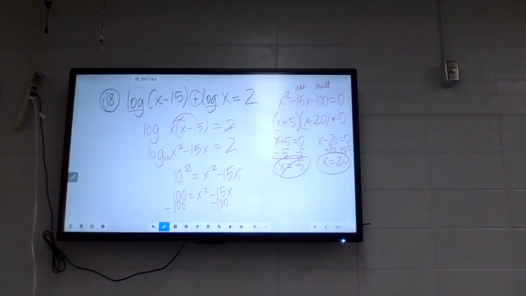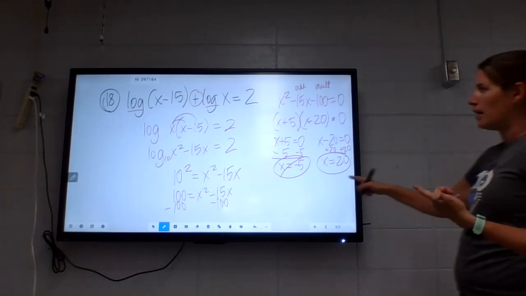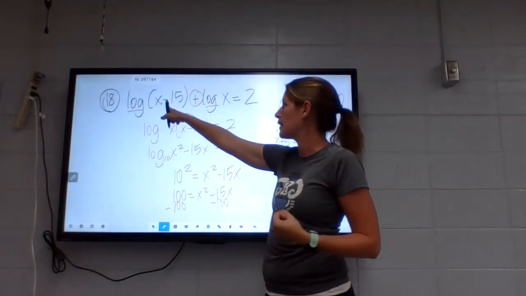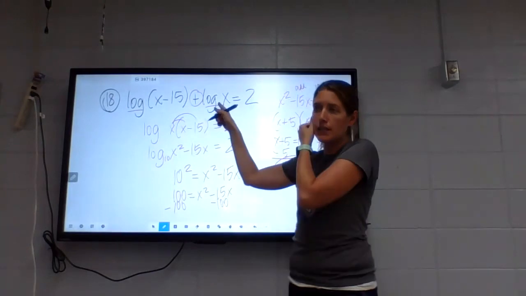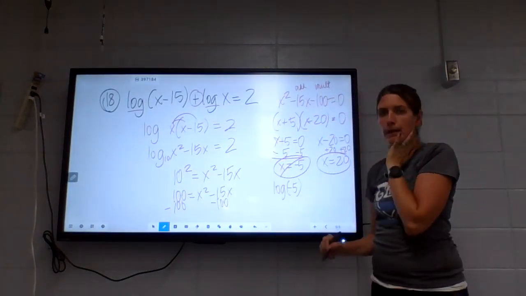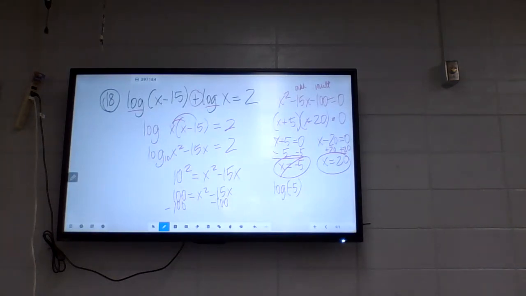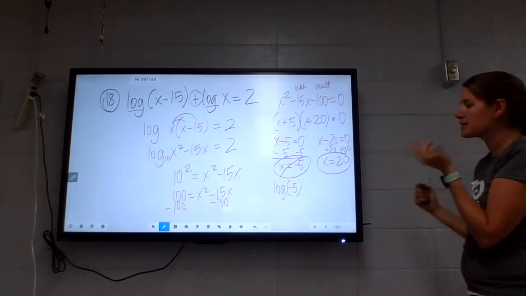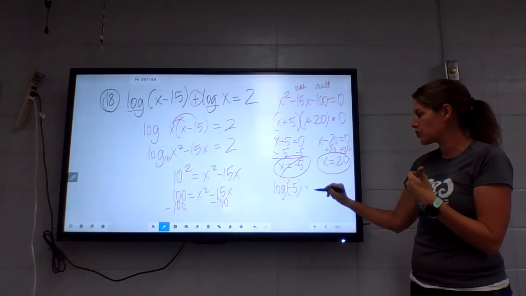So the issue is you can't actually take the log of a negative value. If I put negative 5 back in here, or just even negative 5 in here, if I do log of negative 5, your calculator is going to give you an error message. Let me try to explain the reason for this.